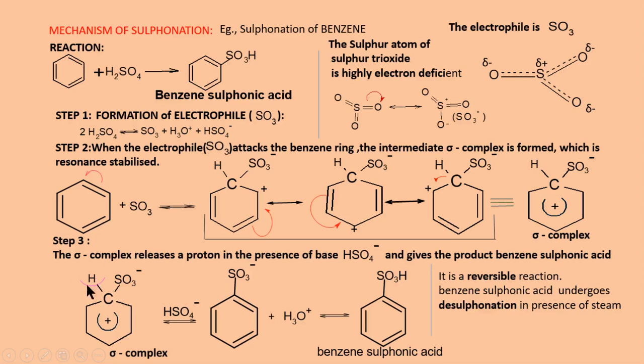So suddenly it does not take up the proton from here. The proton is given to the base as usual. Then it reacts with the solvent. H3O plus is nothing but water with the H plus. From the solvent it takes up the H plus, so that becomes the sulfonic acid group. So it is benzene sulfonic acid.